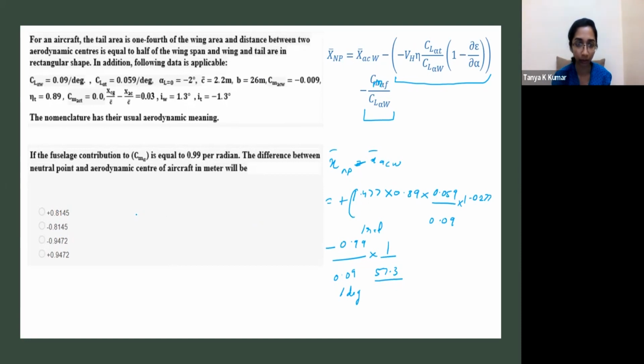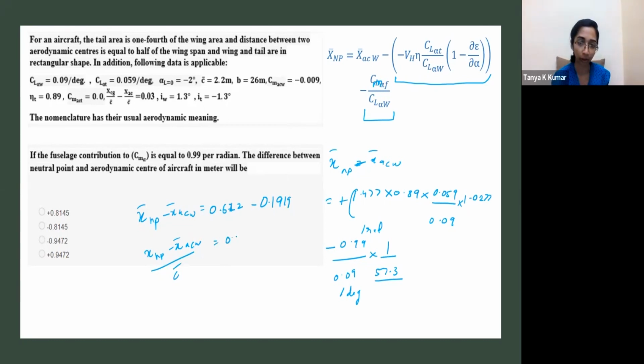So x bar np minus x bar AC wing would be, what is this entity? 0.622 minus 0.1919. So now they've asked you to find the difference between the neutral point and aerodynamic center. So this is basically XNP minus XAC wing by C bar is equal to this value.